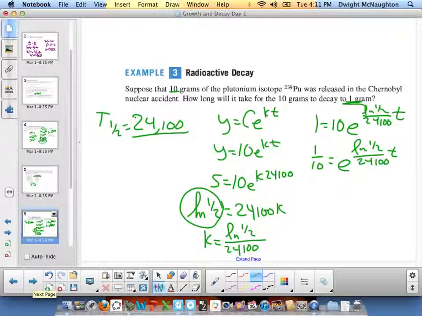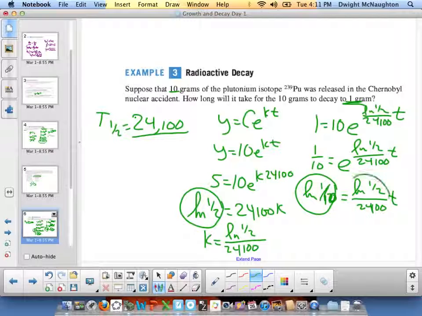Undo the e with the natural log, so the natural log of 1/10 equals the natural log of 1/2 over 24,100 t. And so we'll just take this and divide it by that.